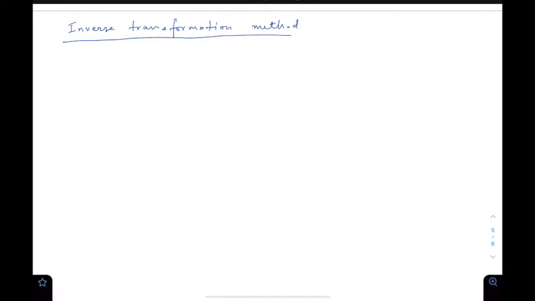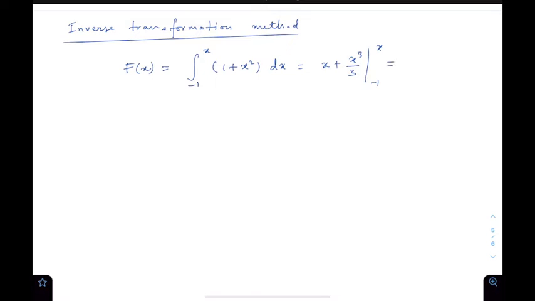In the inverse transformation method, we have F(x) as an integral from -1 to x of 1 plus x squared dx, which tells us that F(-1) is 0 and F(1) is 8 by 3.